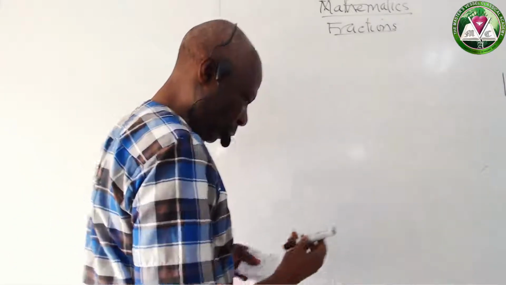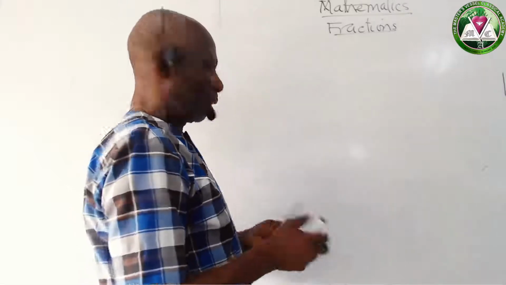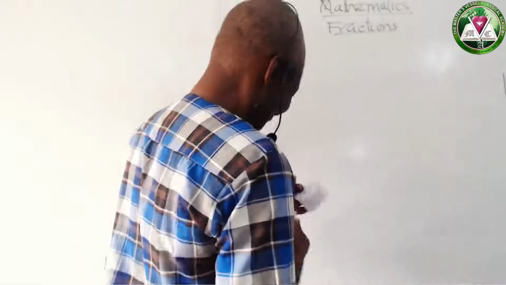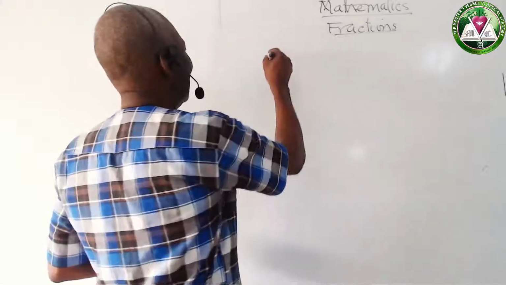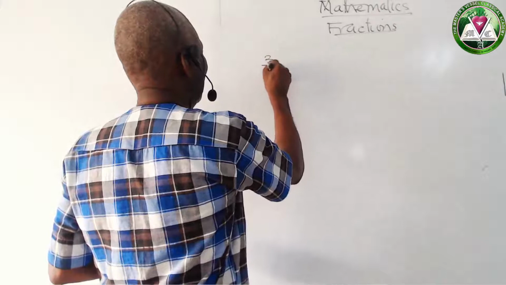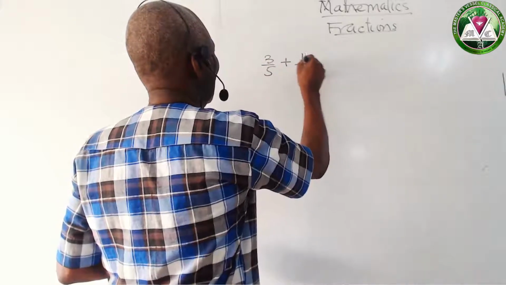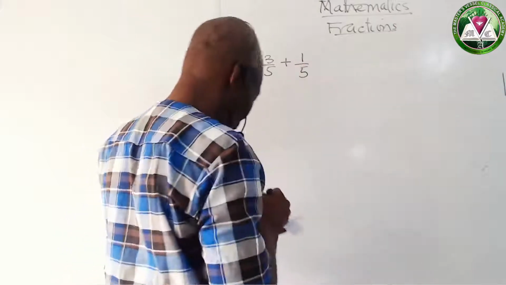Simple ones indeed. Let's take 3 over 5 plus 1 over 5.